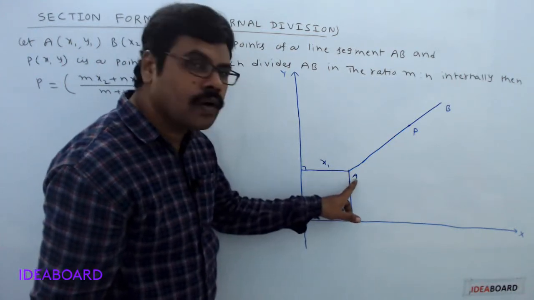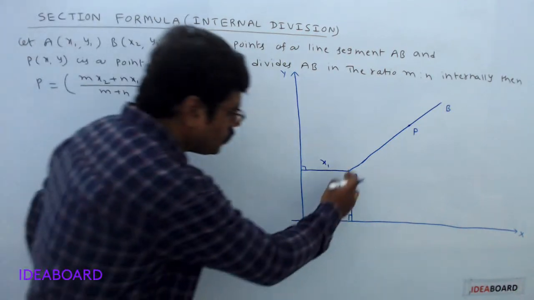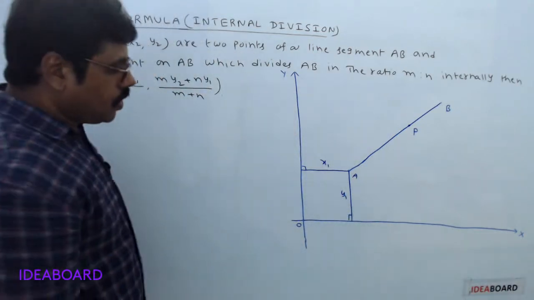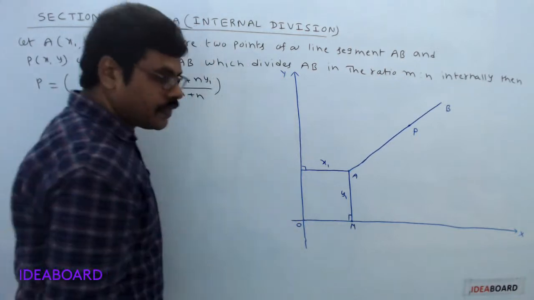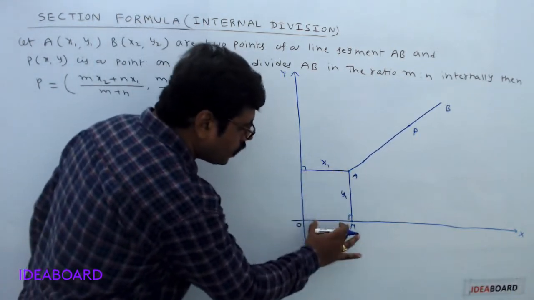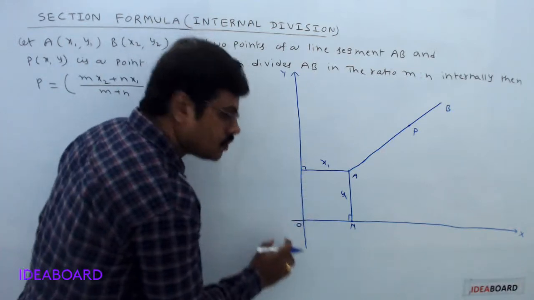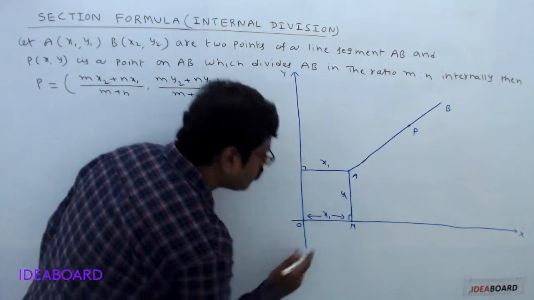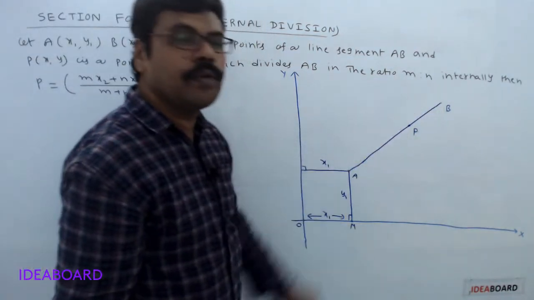The y coordinate of A is y1, so this length is y1. Now, if you denote this point with a letter M, this length and this length are equal, so OM is x1.